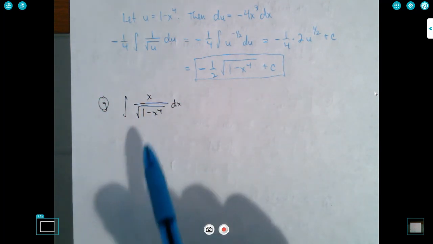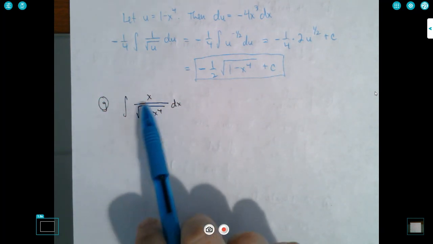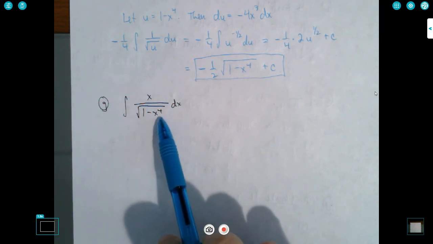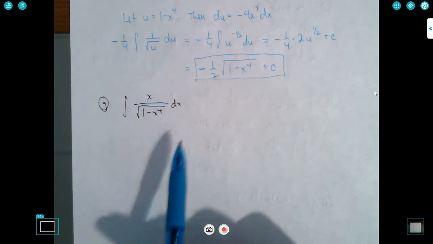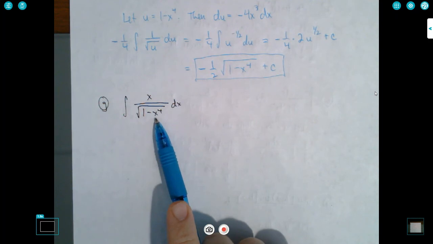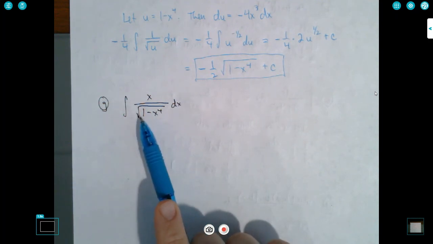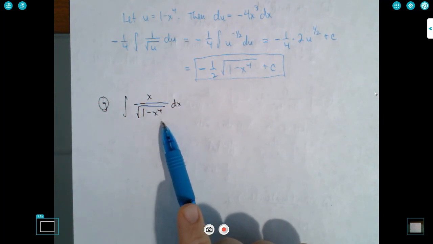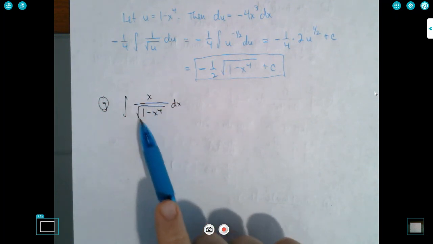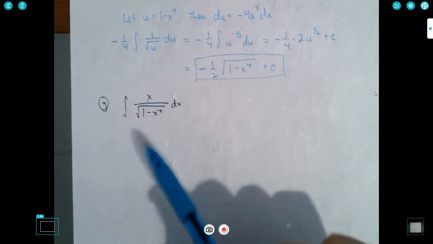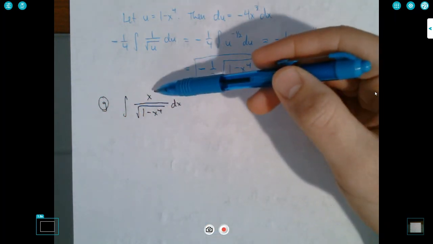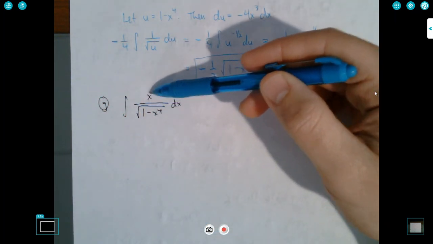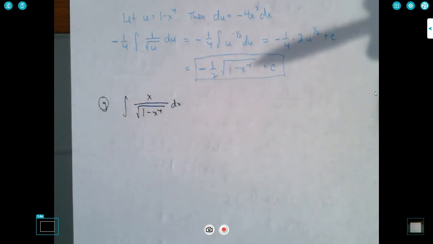What I notice is that I have a square root of 1 minus something squared. If I think of this as x squared, then I have 1 minus something squared, under a square root. So that is like a sine inverse type of situation. The only problem is that with a sine inverse, you usually just have a constant up here, and we have a variable.